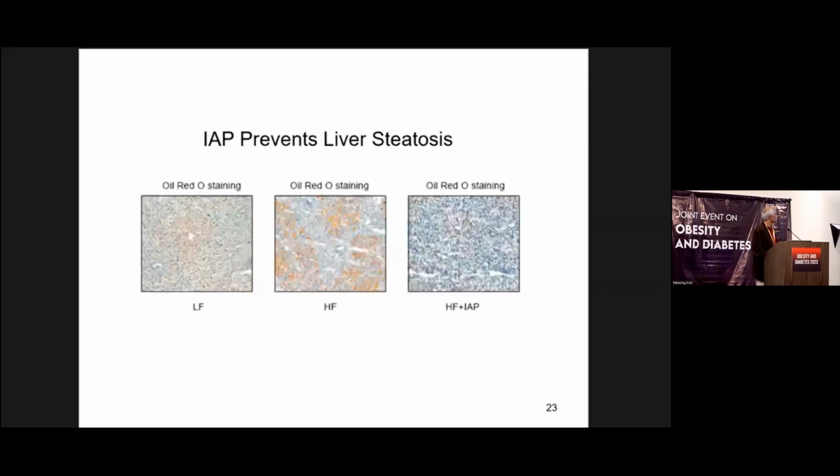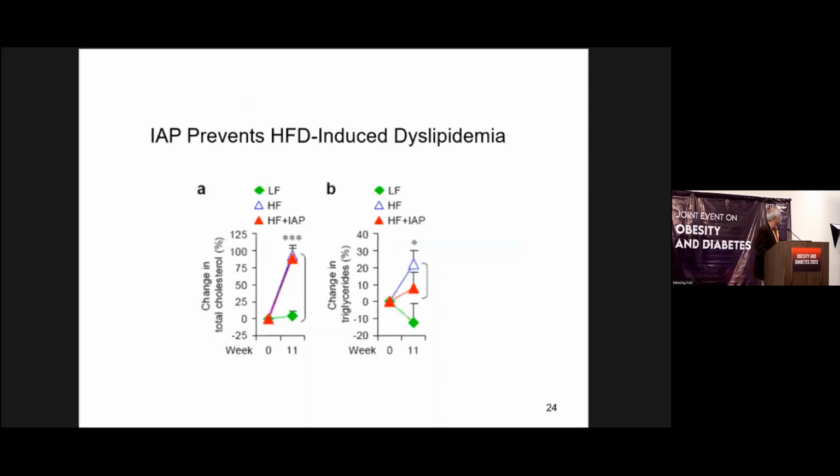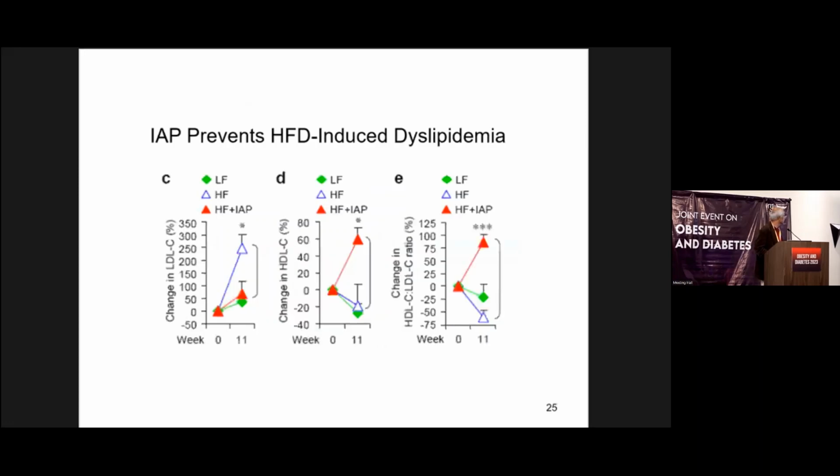About the high fat diet: there was a lot of fat in the liver, steatosis, and when they were fed with the IAP, no fat in the liver. It didn't affect cholesterol, but it reduced the triglyceride level, and LDL-C went down and HDL level went up.